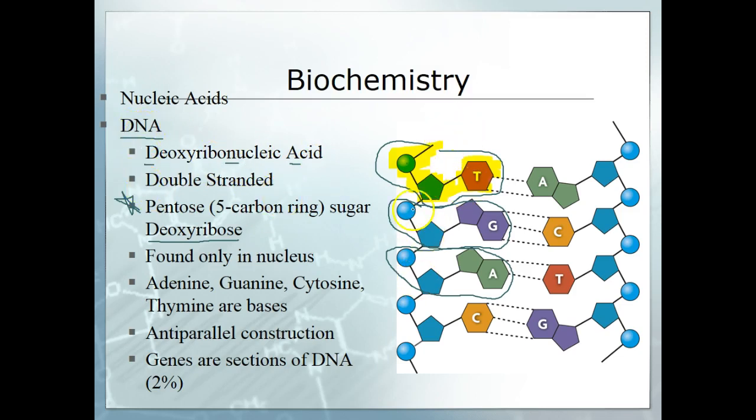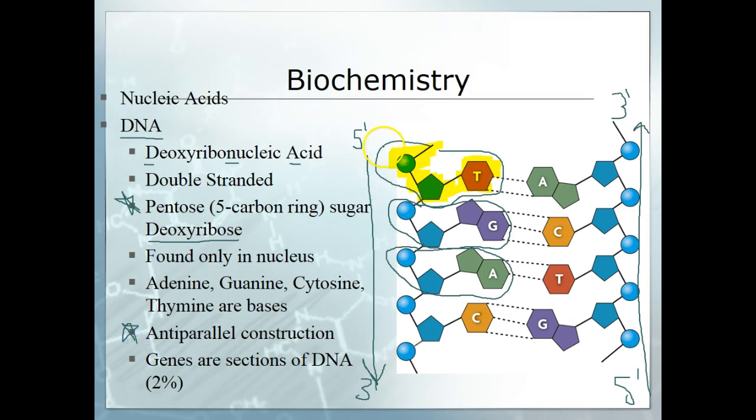One strand is running this way in a 5' to 3', and this strand over here is running the opposite way in a 5' to 3'. And like I said, we're going to talk about that later in the year, but for now, know that one strand runs opposite the other strand, so we get not only this double-stranded structure, but this anti-parallel construction.